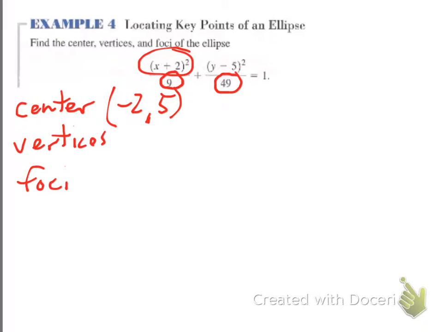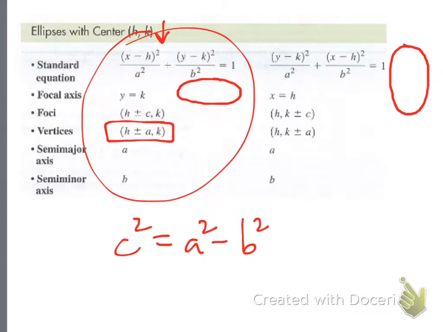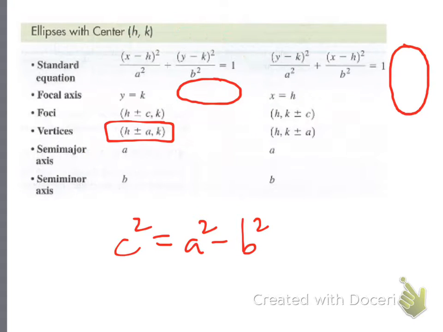Obviously, 49 is bigger than 9. So this is going to be a tall ellipse because the number under y was bigger. So we come back here. Now we're in this column.